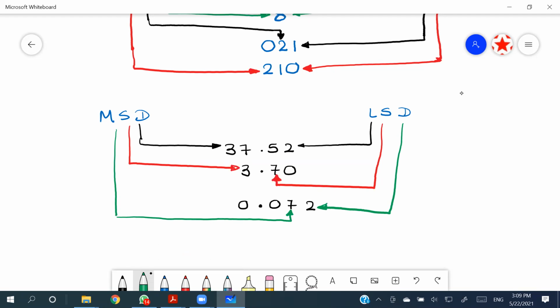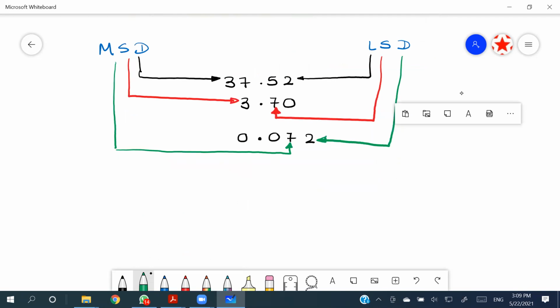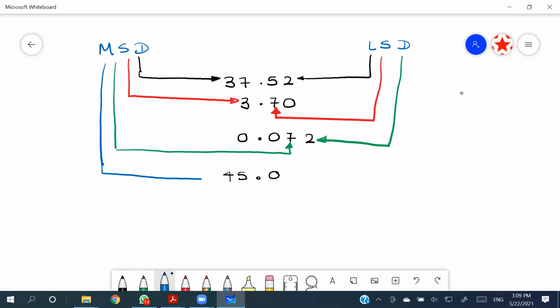Right? And another one. I could say 45.0. Right? Then MSD is going to be 4, and LSD is going to be 5.